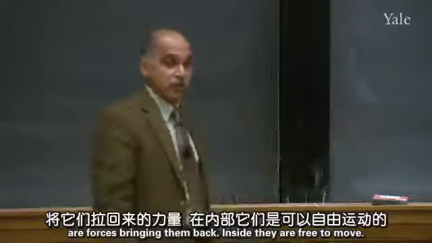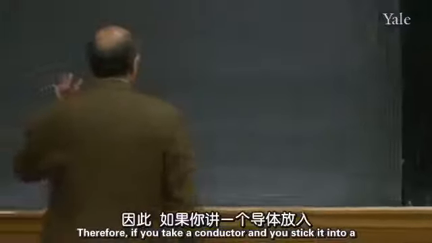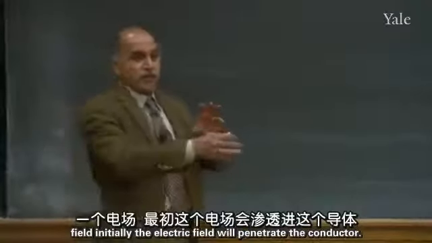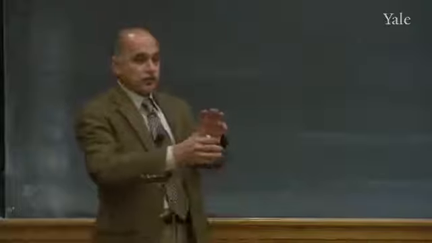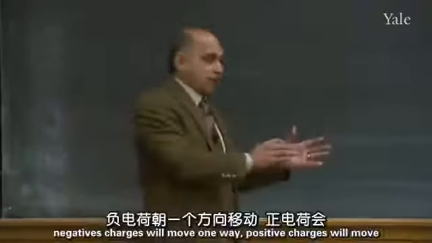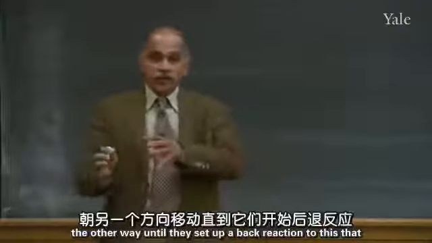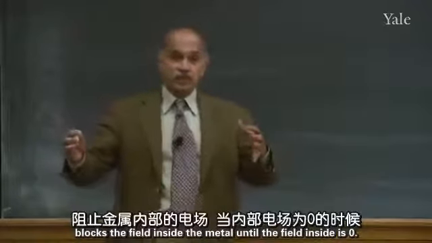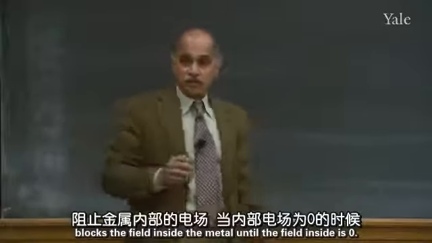Inside, they're free to move. Therefore, if you take a conductor and stick it into a field, initially the electric field will penetrate the conductor. The charges, because they're free to move, will move. Negative charges will move one way, positive charges the other way, until they set up a back reaction that blocks the field inside the metal, till the field inside is 0.